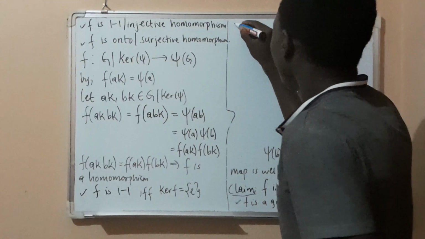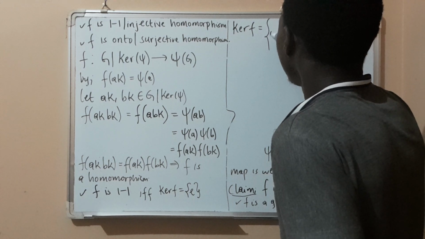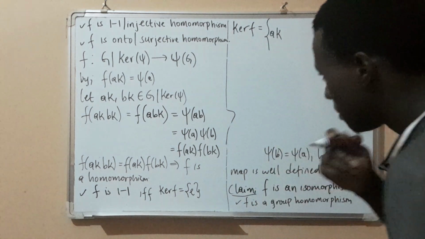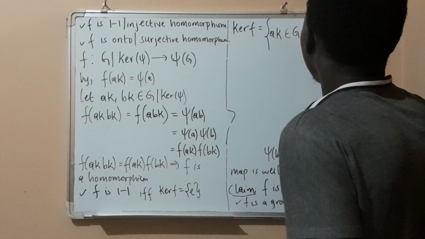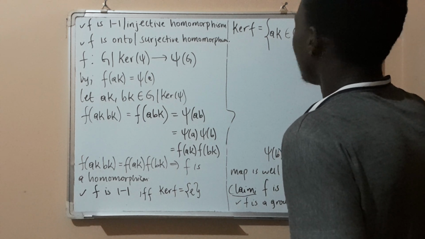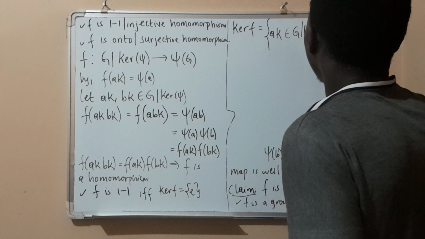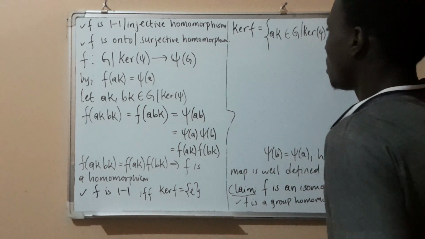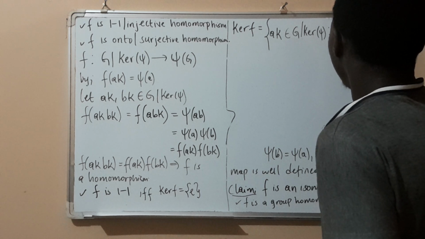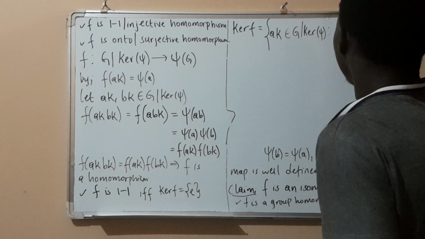So by definition, the kernel of F consists of those elements AK from G factor kernel phi such that those elements are mapped to the identity: F of AK is equal to the identity.